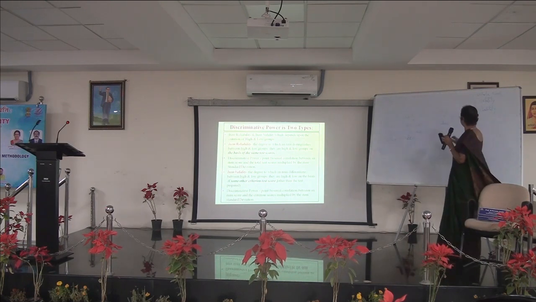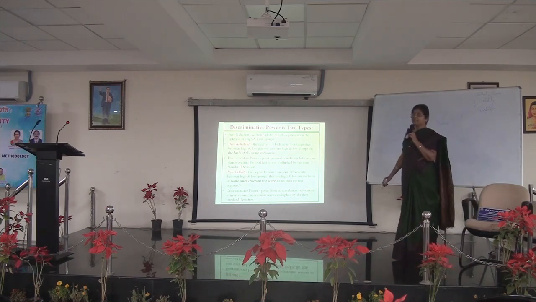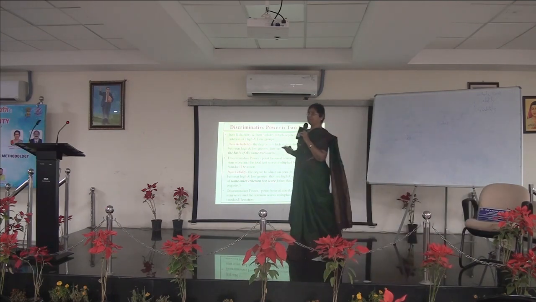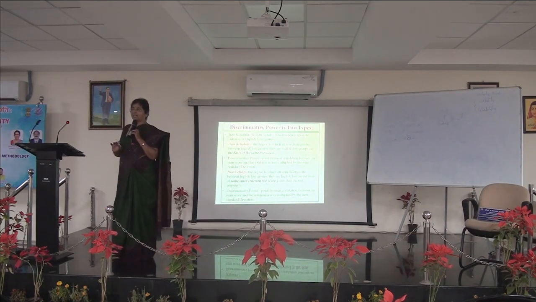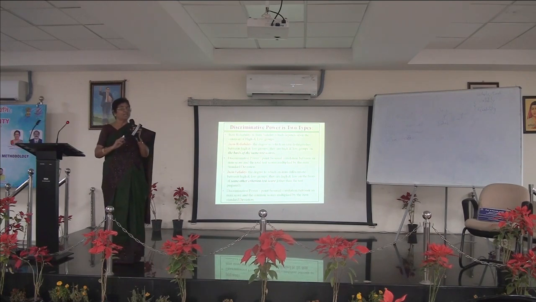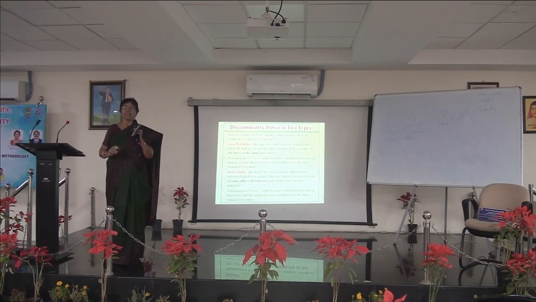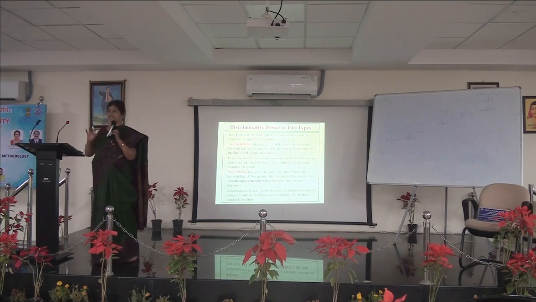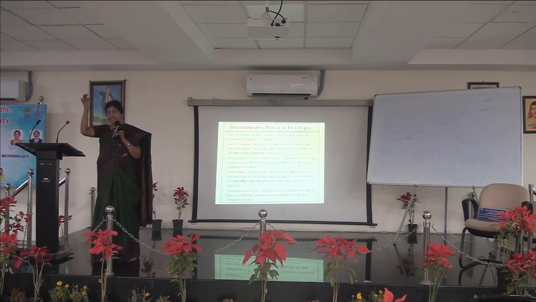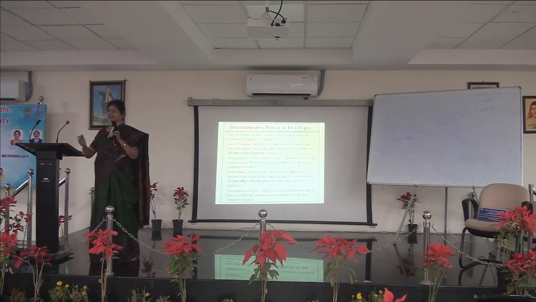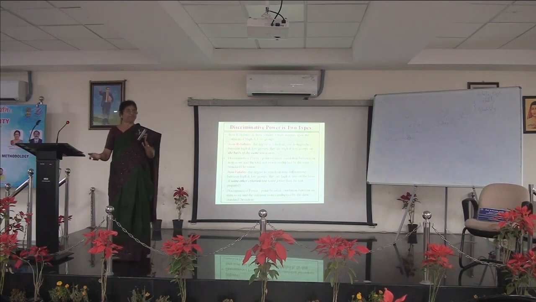Another thing is, in point biserial correlation, both the variables can be dichotomized, or both the variables are in terms of interval scale. What you do is keep only one variable in interval scale and the other variable in dichotomous type.